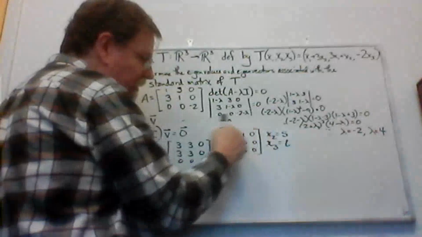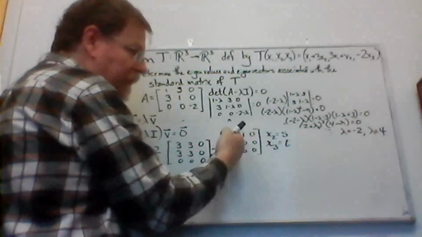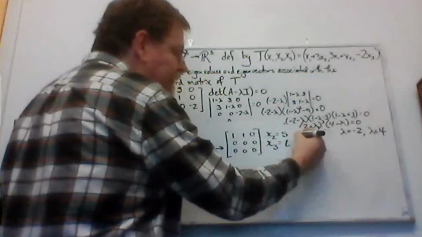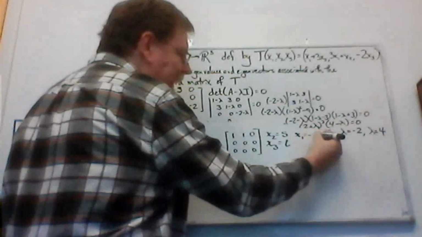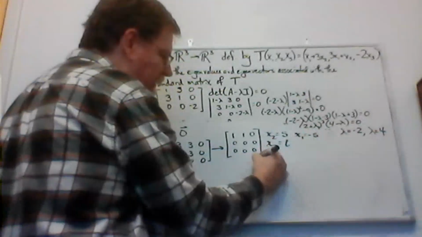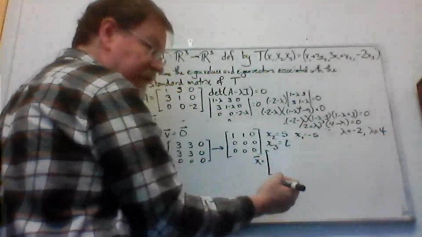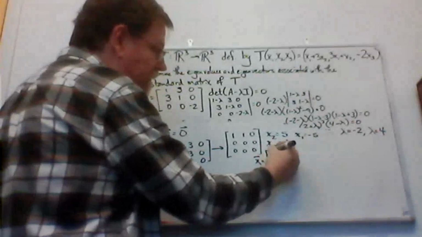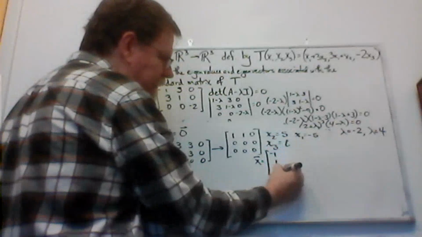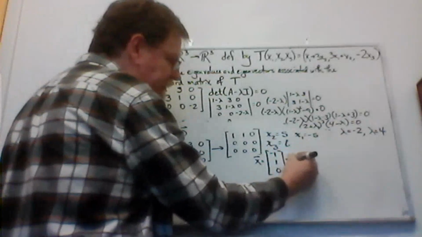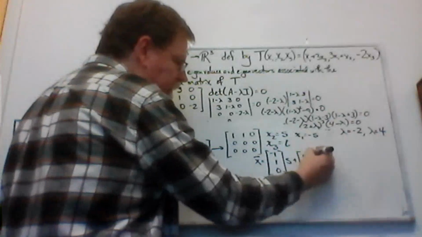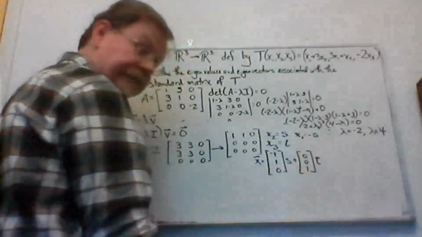And of course, this top row is telling us that x1 plus x2 equals 0. So we know that x1 and x2 have to be opposites, so x1 has to be -s. If we look at our s's and t's here, we're going to have -1, 1, 0 times s plus 0, 0, 1 times t.